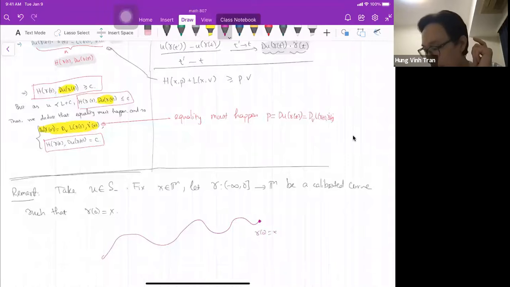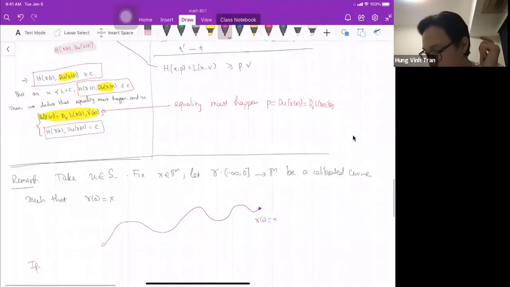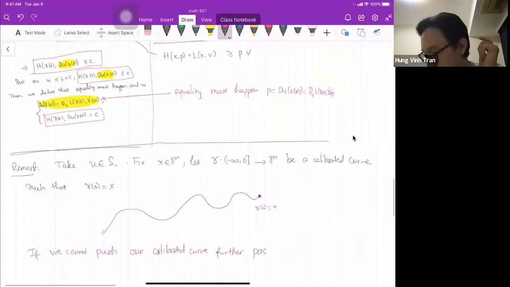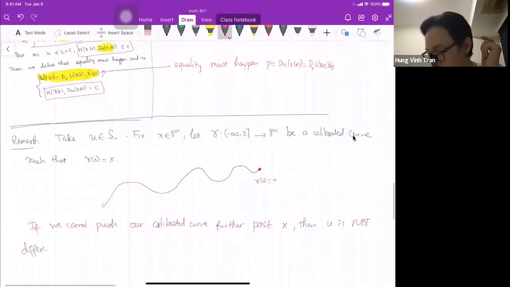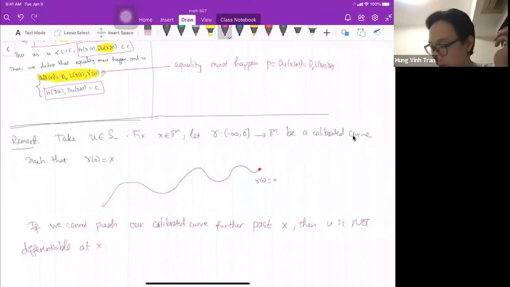Geometrically, if we cannot push our calibrated curve further past x, then U is not differentiable at x. Again, this is purely speculation.